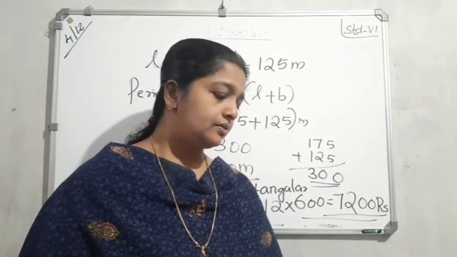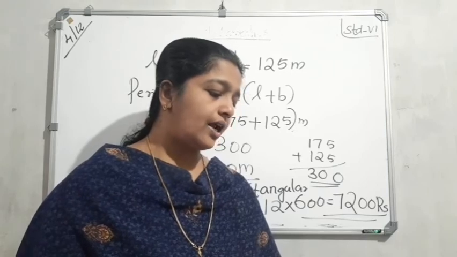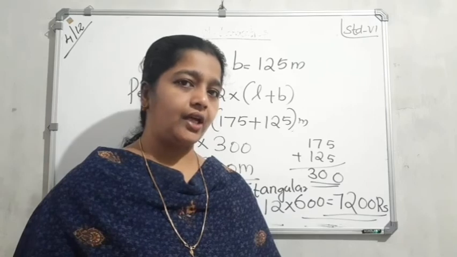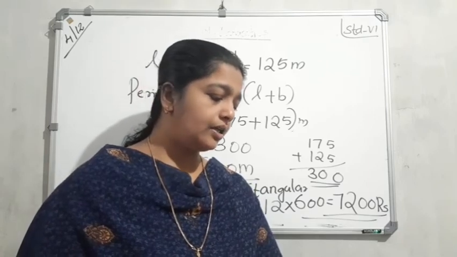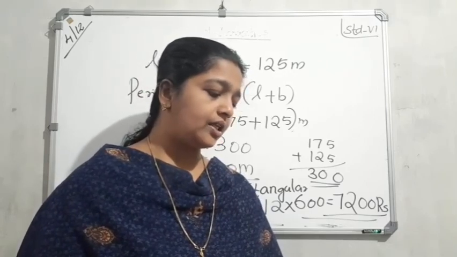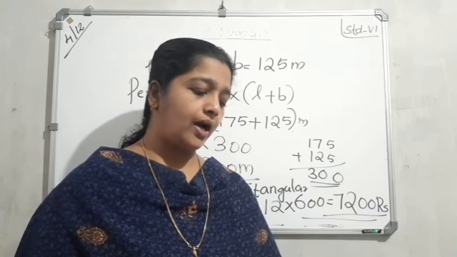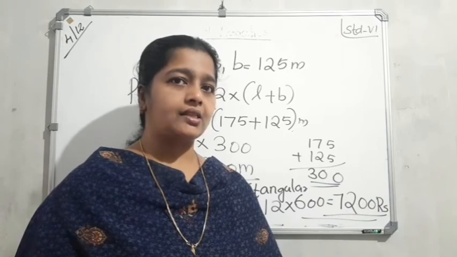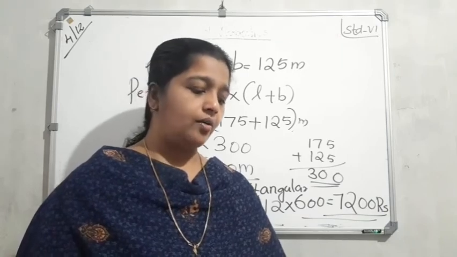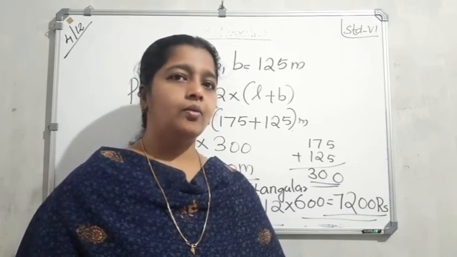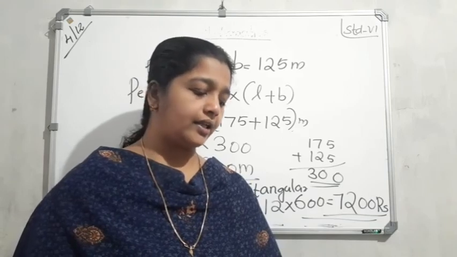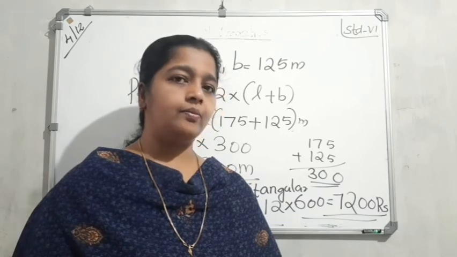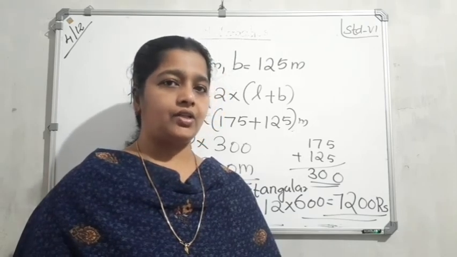Next question. Question number 25. Sweetie runs around a square park of side 75 meter. Bulbul runs around a rectangular park with length 60 meter and breadth 45 meter.